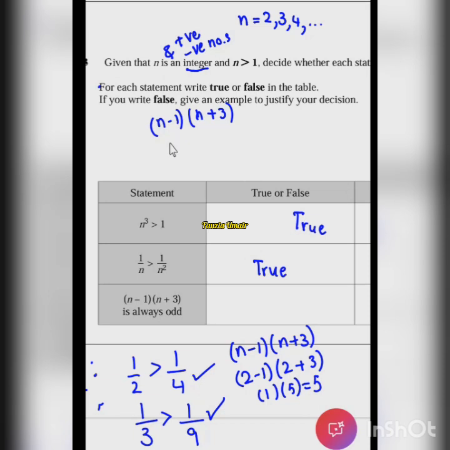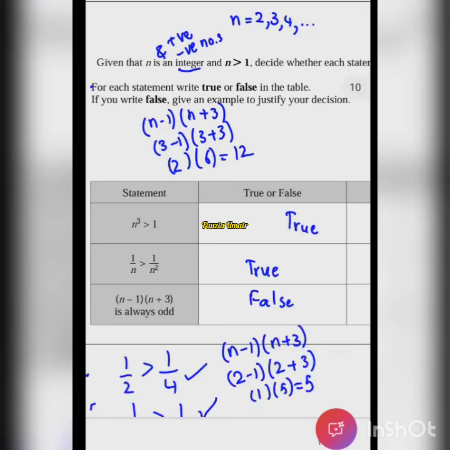If I put n as 3, it will be 3 minus 1 into 3 plus 3. So 3 minus 1 is 2 and 3 plus 3 is 6. 6 2s are 12. Is 12 odd? No. So you will say that this is a false statement. It's not always odd. Sometimes it is odd, sometimes it is even.